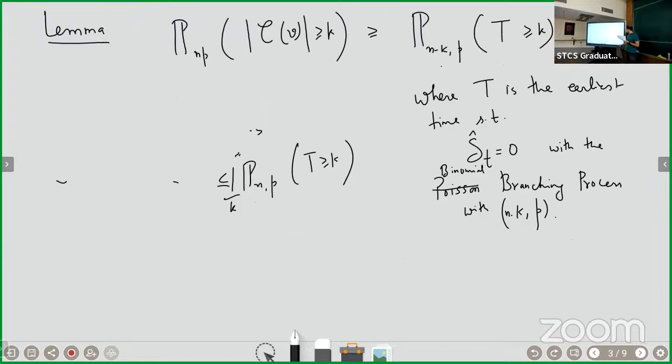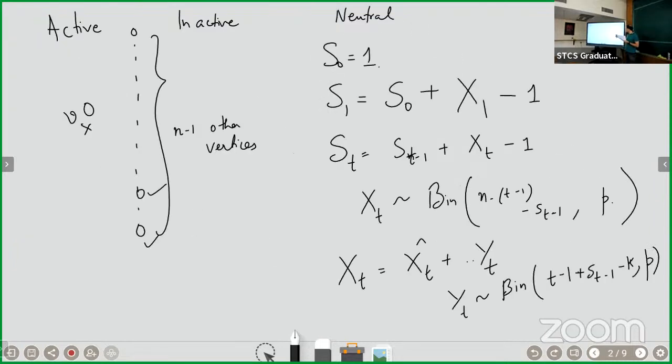So I can go back to this if you want. You can just think of it: how many neutral nodes get reduced in one time step? XT. So the difference has to be XT.